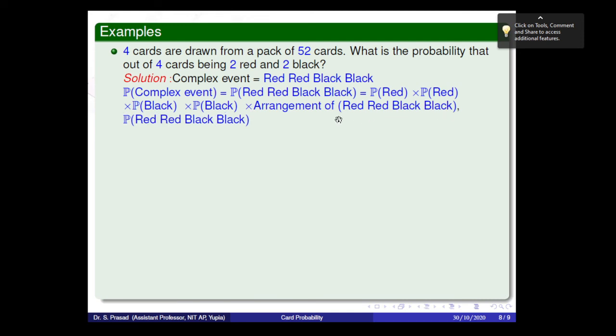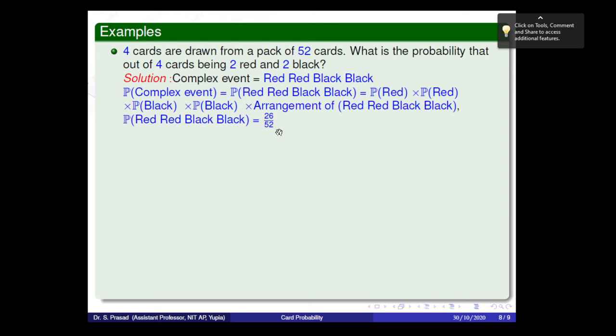Now we go for the probability of the complex event. First we write the probability of red. How many reds are coming in this? It is 26, because in the previous cards discussion we saw that the cards are divided in two parts, black cards and red cards, containing 26 black and 26 red cards. So the probability of the first red card, the first place filled, is 26 by 52.